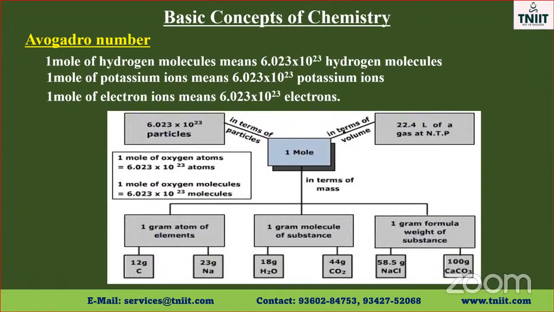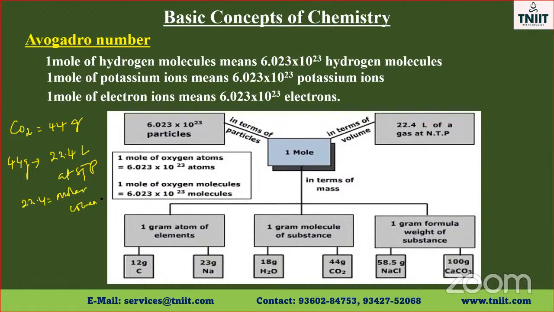If it is in terms of volume, we learned in the previous classes, carbon dioxide, the molecular mass is 44 grams. If you take it in grams, it's gram molecular mass. Now, 44 grams of carbon dioxide, if you blow it into a balloon, will occupy 22.4 liters at STP. So this 22.4 liters is called molar volume.